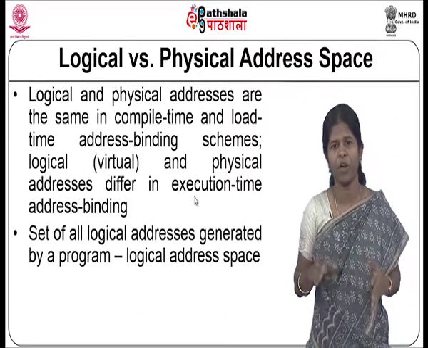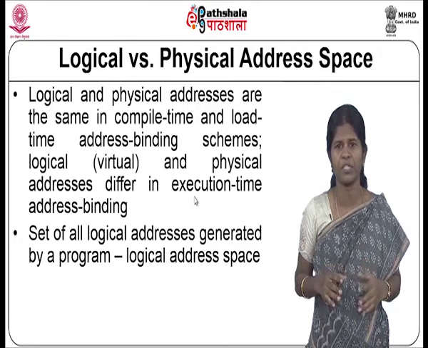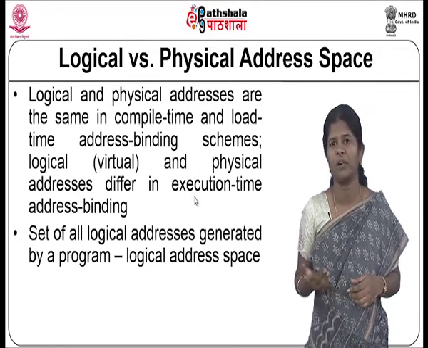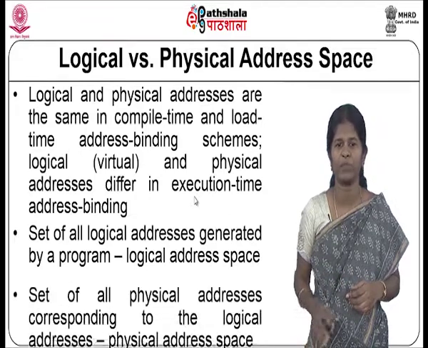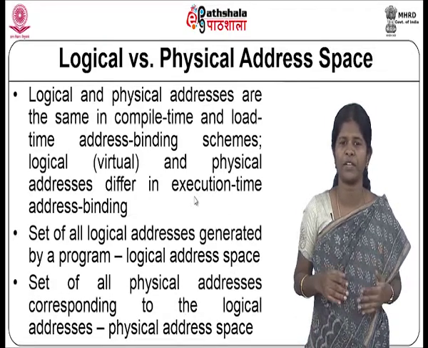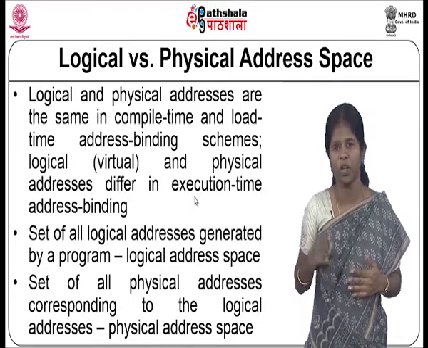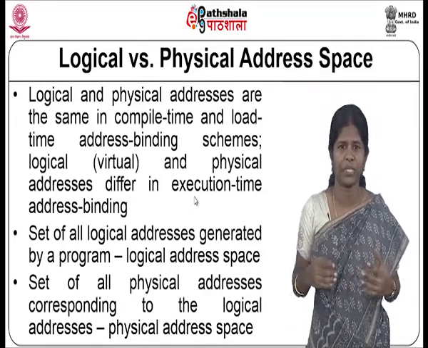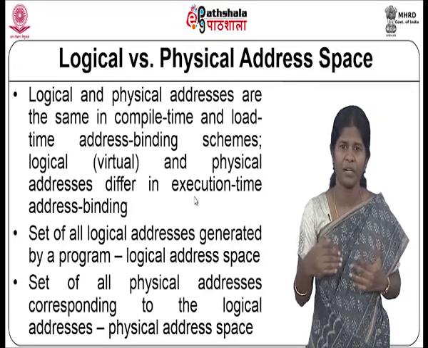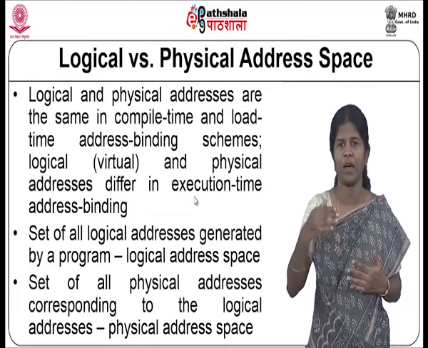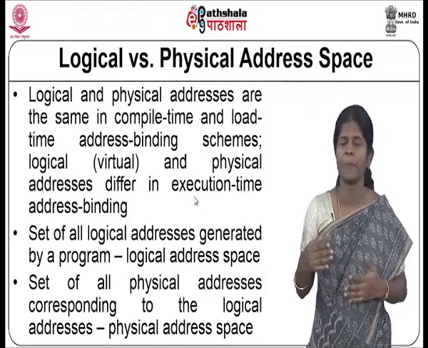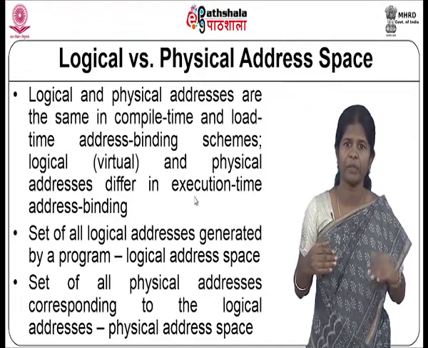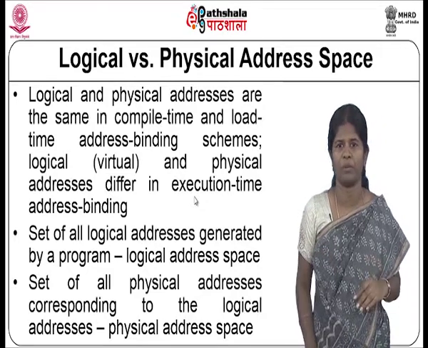And now the set of all logical addresses generated by one particular program is termed the logical address space. Very similarly, the set of all physical addresses that correspond to the logical addresses is called the physical address space. So, we need to understand that this logical address is some address that is relative to that particular process, and the physical address is the exact location where that process is placed in the main memory.